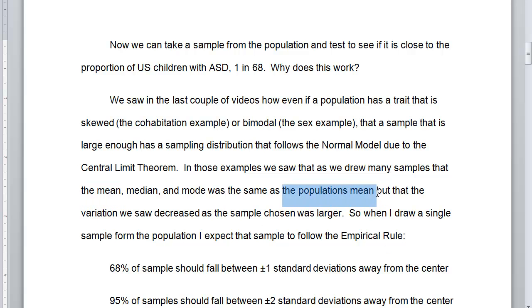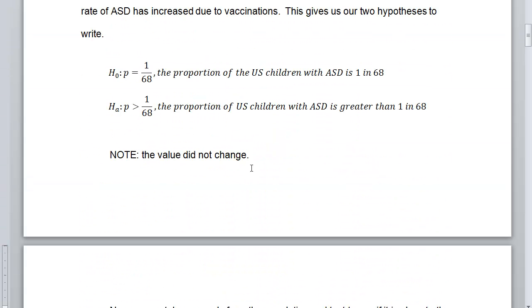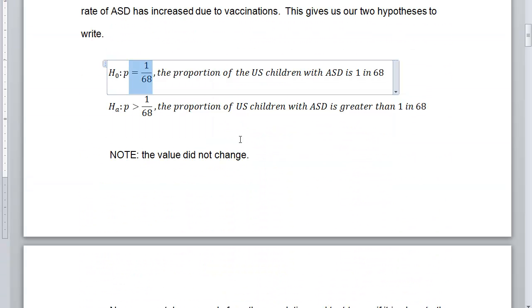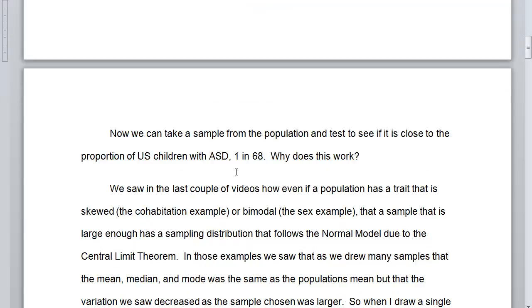The sample center is equal to the population's center. Okay? So that's really important. That's why if I take a sample and it's close to the 1 in 68, then that means my null hypothesis is true. But if it's far away, then maybe something bad has happened.